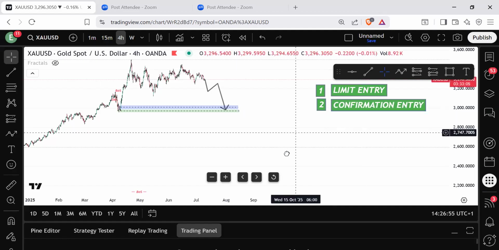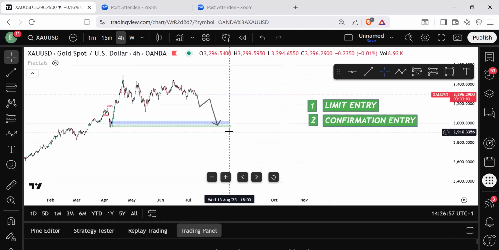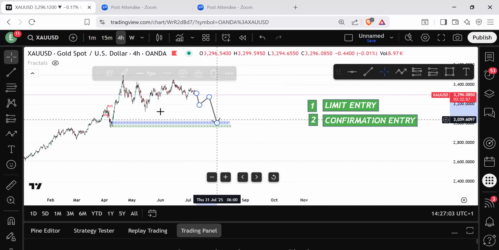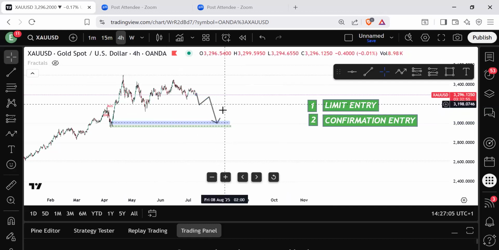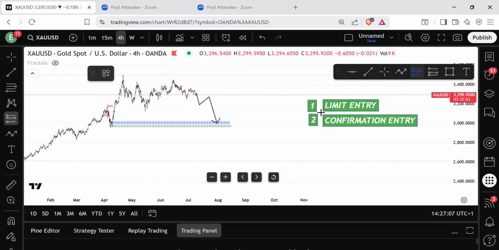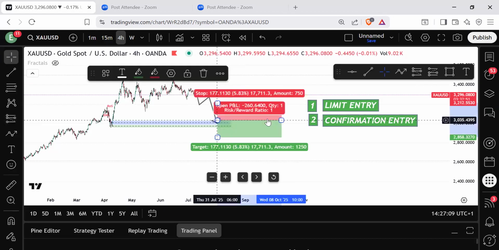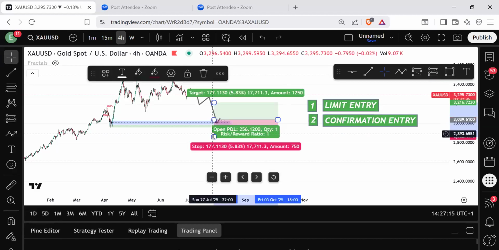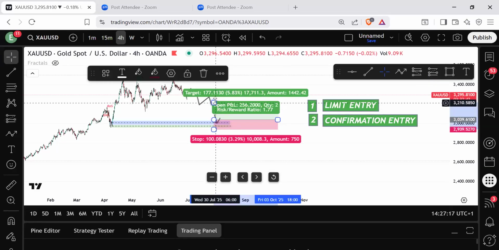I see. That's the confirmation entry. Limit entry, you don't switch time frame, you just place your order here. Okay. So for limit entry, we are not switching the time frame. You just place your order where your valid zone is.